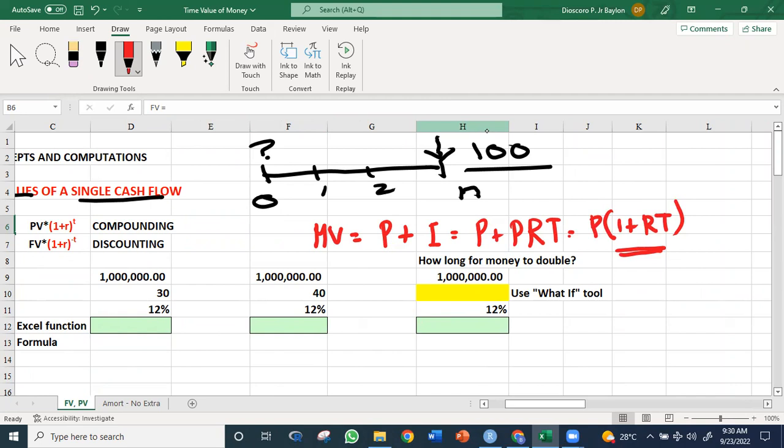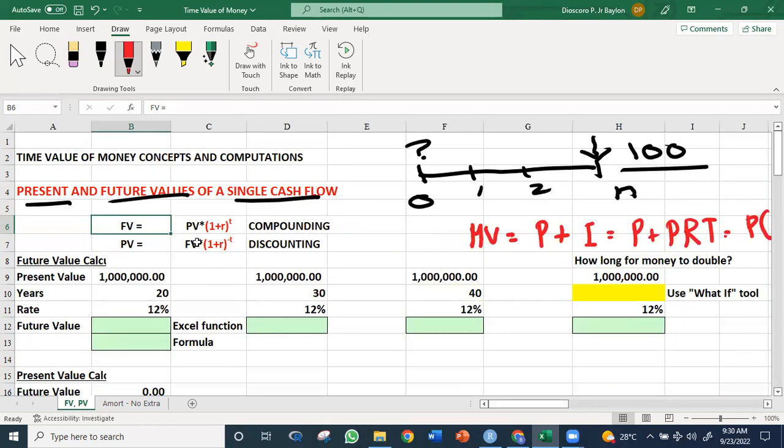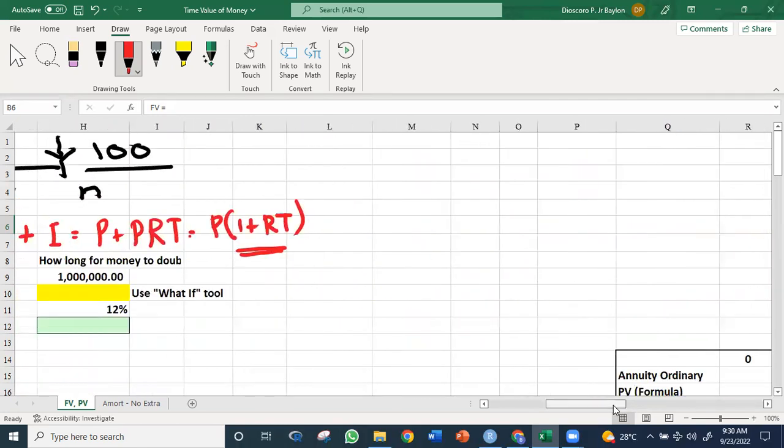On the other hand, to compute for the maturity value or the future value using compounding, we have present value times 1 plus r raised to the t. So that's the difference between a simple interest and a compounded interest.